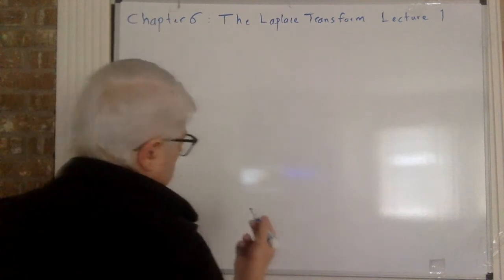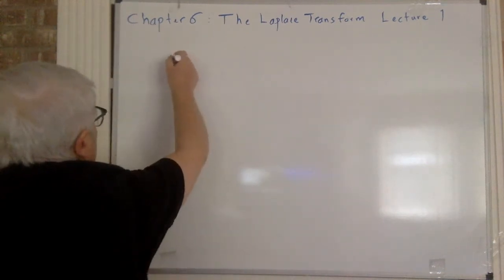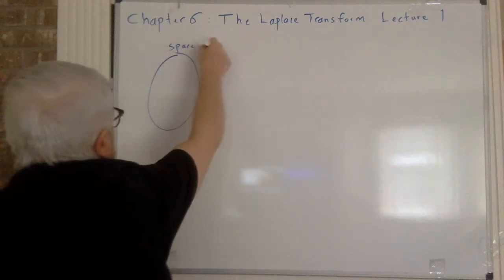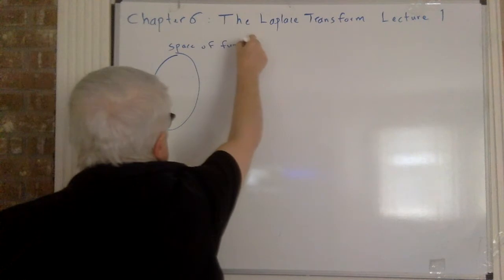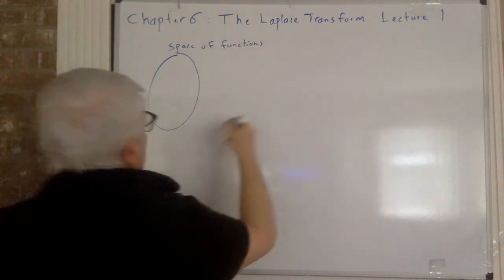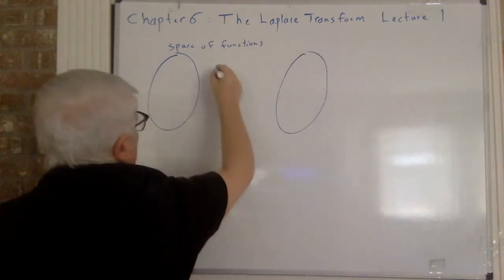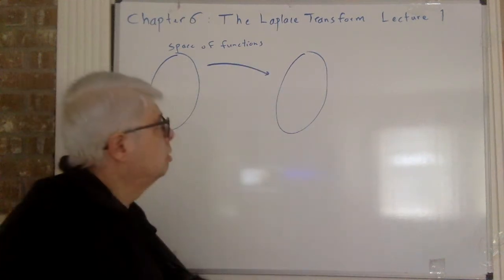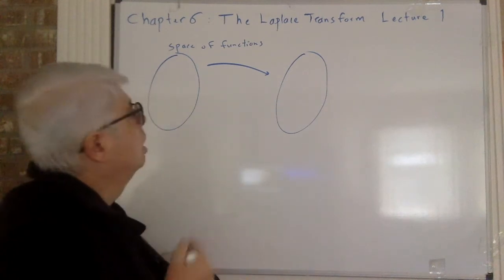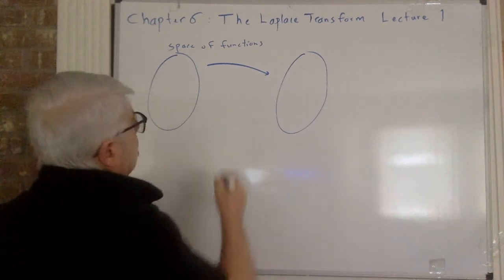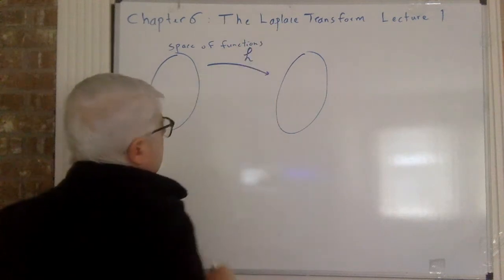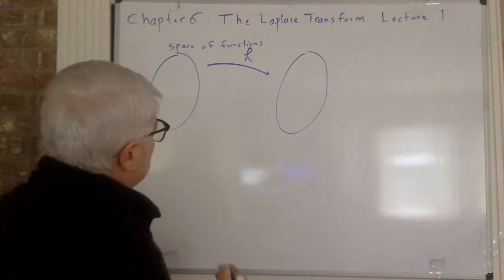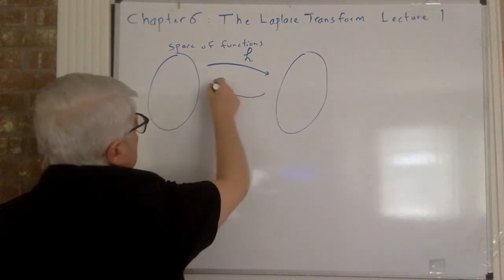So what is it? So we have some space of functions, say, and the other one is also another space of functions. So if we can define something like a transform, like a linear function, say. So both are vector spaces. If we can define some linear function, say L, which is one-to-one, which means it has an inverse.